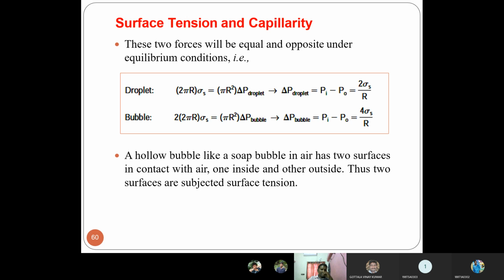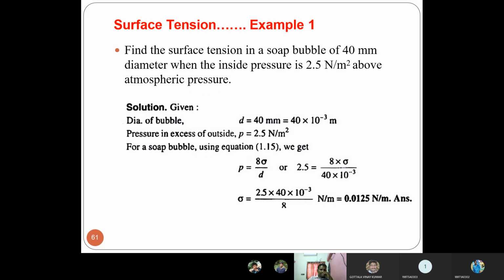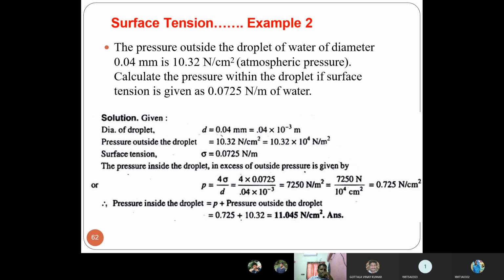Likewise, for a droplet, the pressure inside the droplet is P equal to 4 sigma by D. If you substitute all these values, we will get pressure equal to 7250 Newton per meter square.